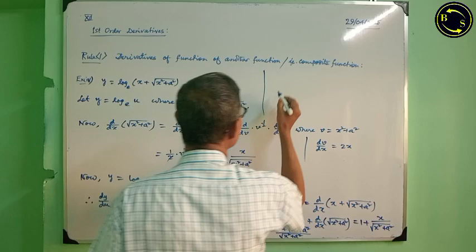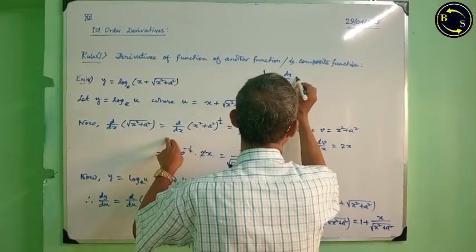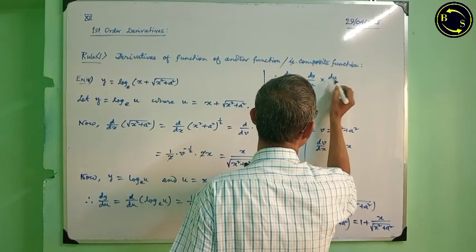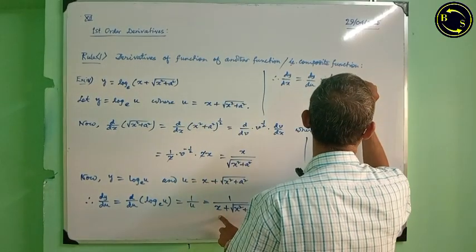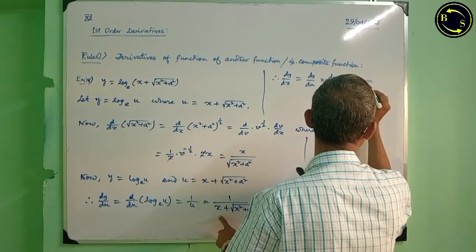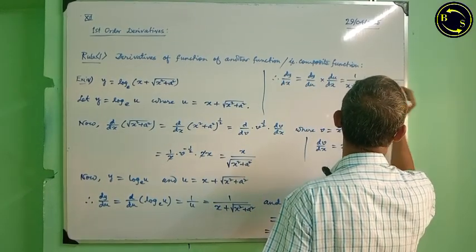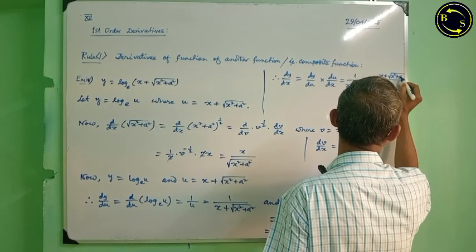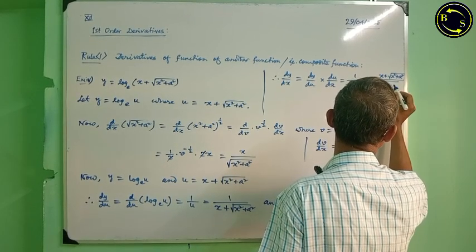Therefore dy/dx, write the chain rule first, dy/du into du/dx, put values: 1 by x plus root over x square plus a square into x plus root over x square plus a square by root over x square plus a square.